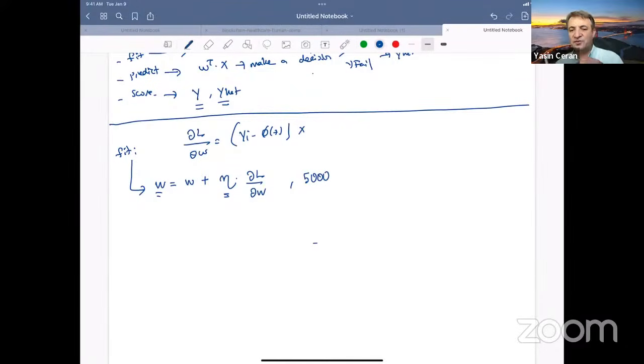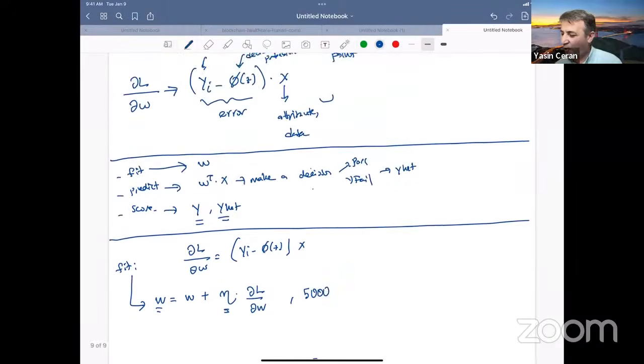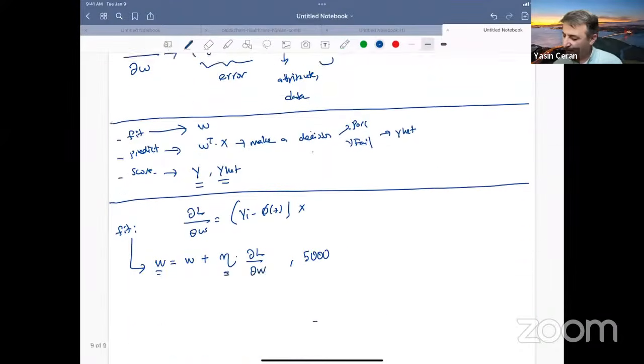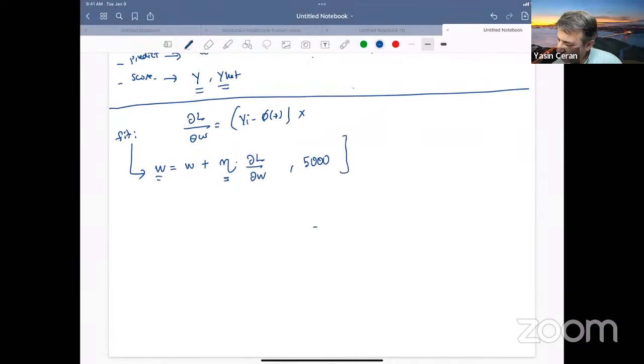In 5,000 steps, we slowly update the W's until they get closer to values that minimize the difference between our predictions and the true values. So we are assuming that we are getting closer to this optimum point. This whole thing is called gradient descent.